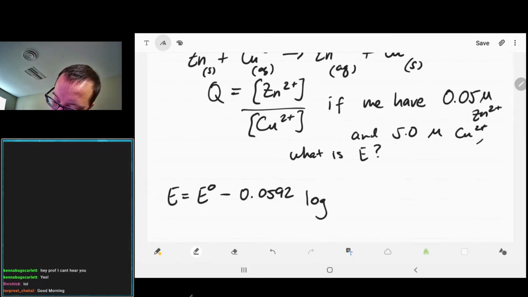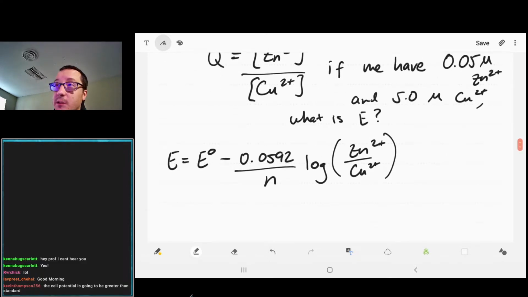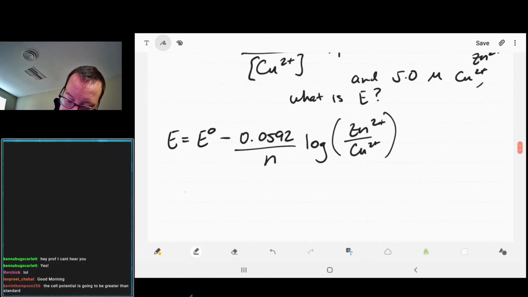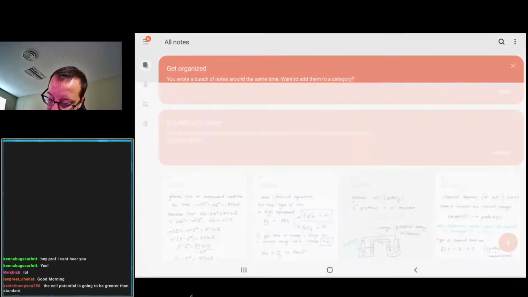Times the log of Q. Q we saw was equal to zinc over copper. Of course, for this reaction, n is going to be 2, right? If we plug all this in, what was the value we calculated yesterday for this reaction? Let's go check real quick, unless someone has it off the top of their heads.